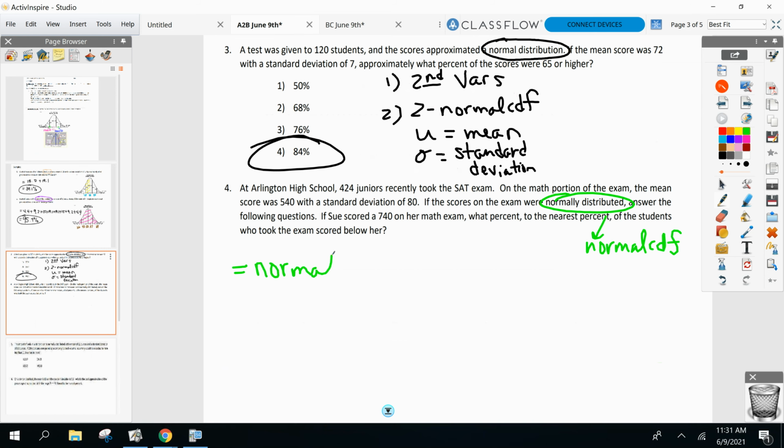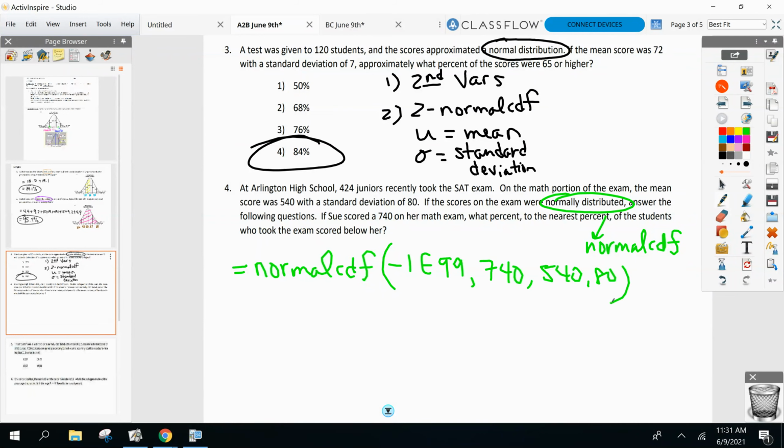Normal CDF, and then what the numbers are for you. You're just writing what's on your calculator screen. Negative 1E99, comma 740, comma 540, comma 80. That's your work for a non-multiple choice question.